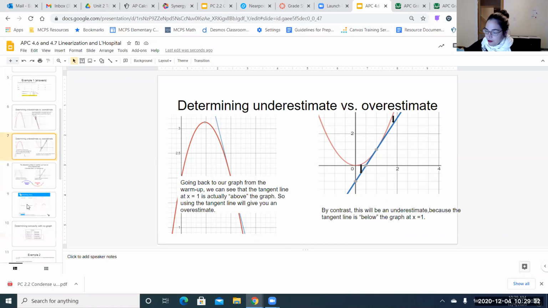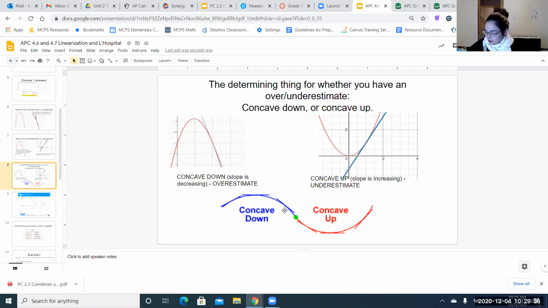If your graph is concave down, you're going to have an overestimate. You see all these tangent lines on this concave down example are above the graph everywhere except the point where they touch the graph. If your graph is concave up, which means the slope is increasing, you have an underestimate.